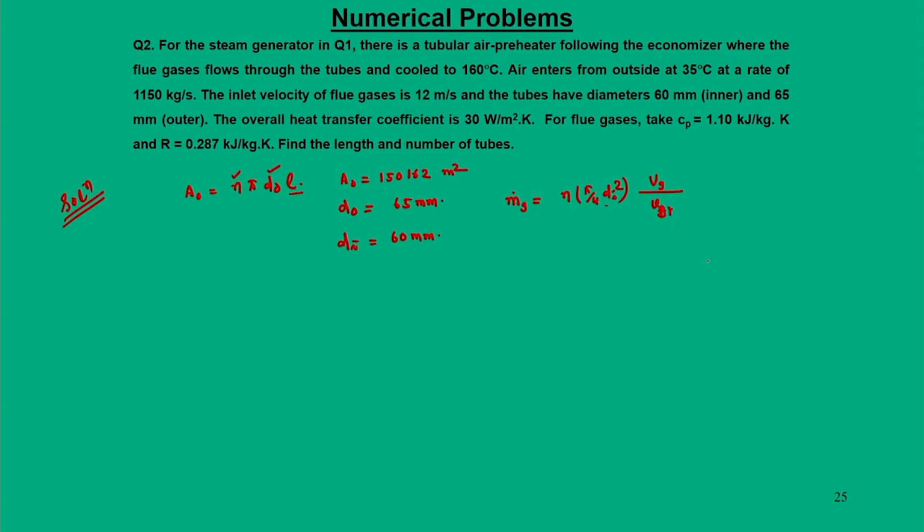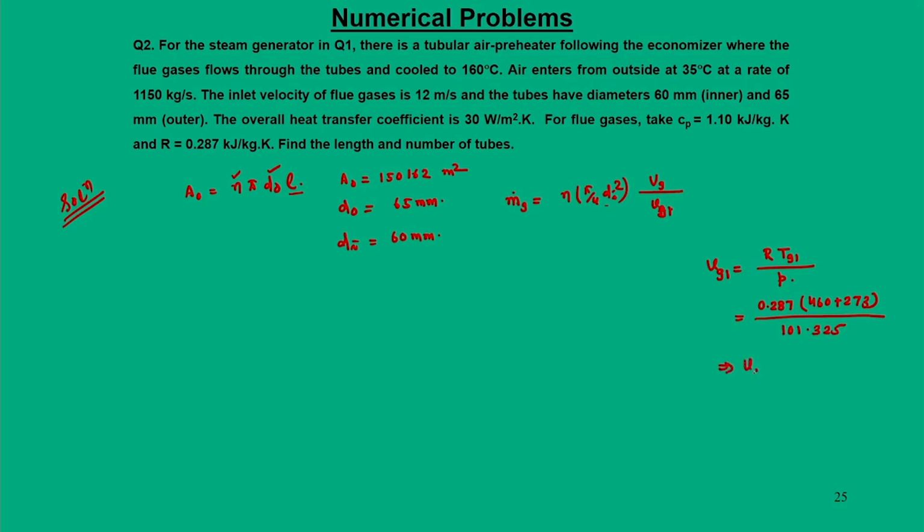So, for specific volume of flue gas we can use the ideal gas model, RT by P. So, R is for flue gas, it is 0.287 kilojoule per kg K, and Tg1 is 460 degree centigrade plus 273, pressure is mostly atmospheric 101.325.